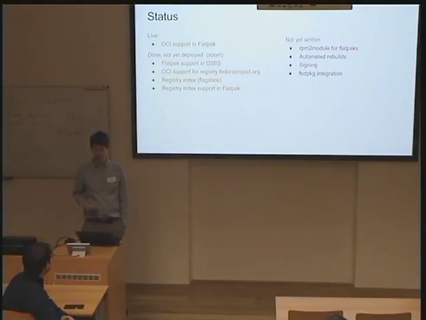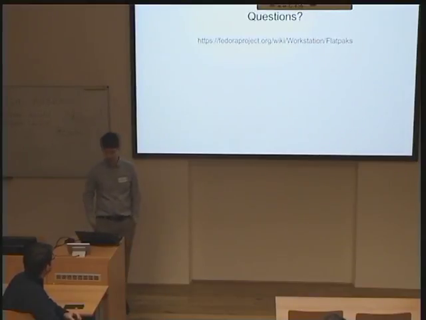Having good generation of all these files that you need to write, so you can very easily turn a package into a Flatpak. Automatic rebuilds, as I said, and signing is something else we have to deal with. And when I talk about Fedpak integration, I was also giving something that doesn't exist yet. Currently, you have to use more low-level commands. So, any questions?